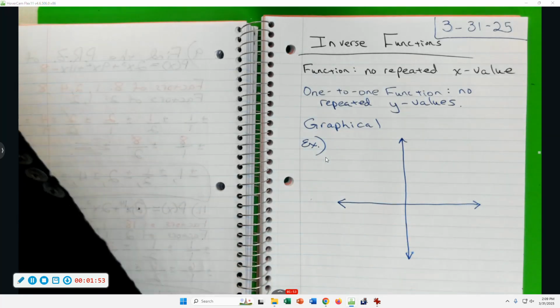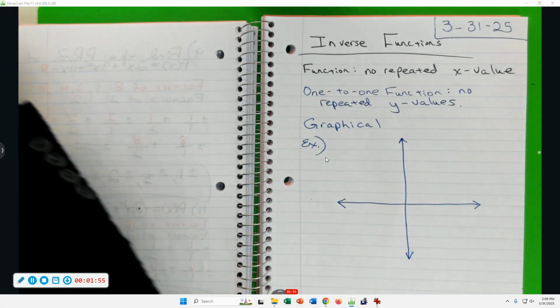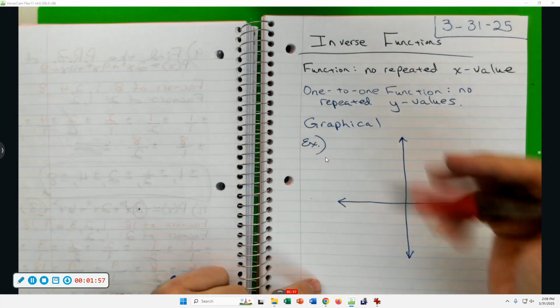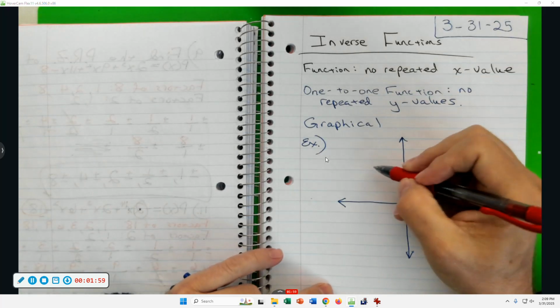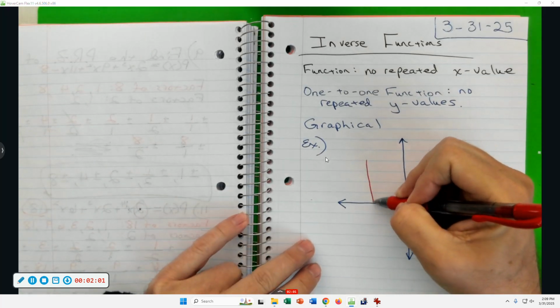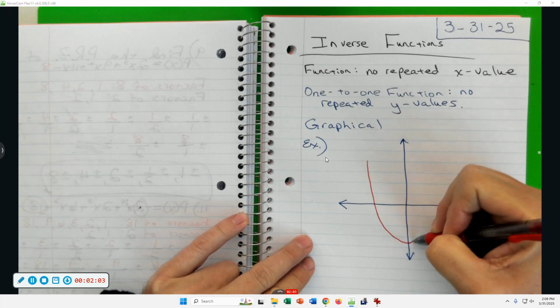Okay. How about a parabola? A parabola opening upward, a quadratic function.